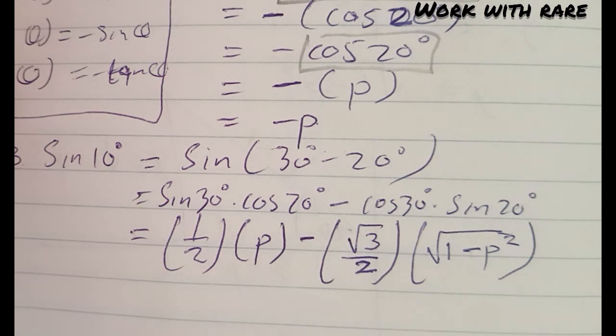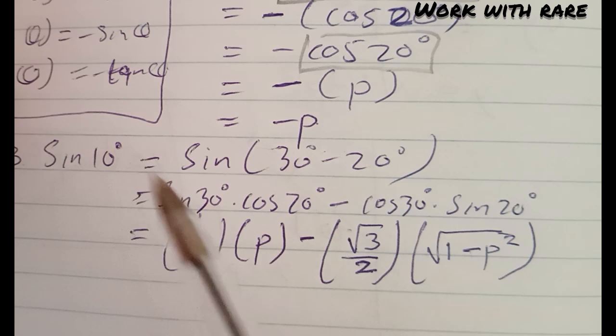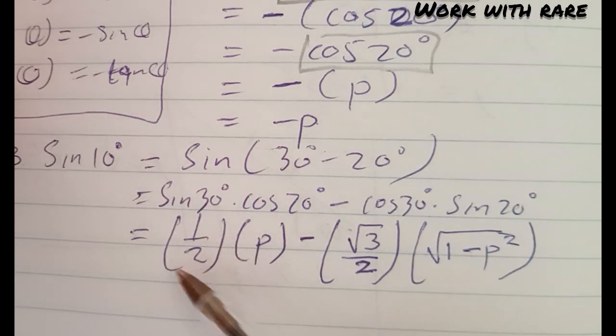This time now, I will have to multiply these 2 brackets, and I have to multiply these 2 brackets. So 1 over 2 multiplied by P is 1 over 2P.